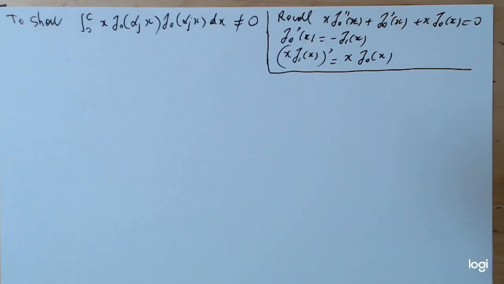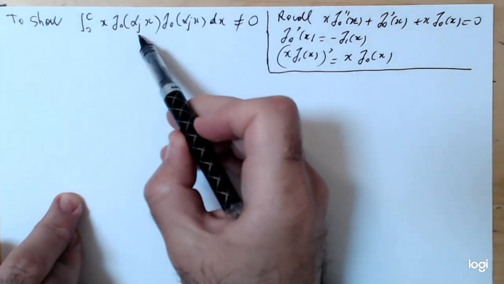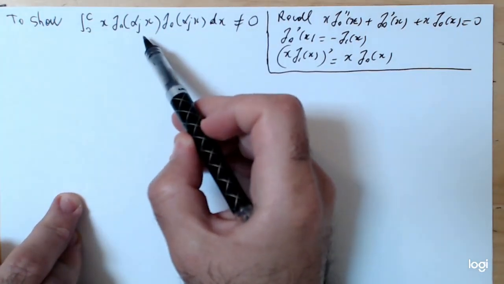One particular step I want you to keep in mind, because you will do that often in actual problems involving these Bessel functions. The first thing I want you to do is rewrite this in terms of j naught of x.